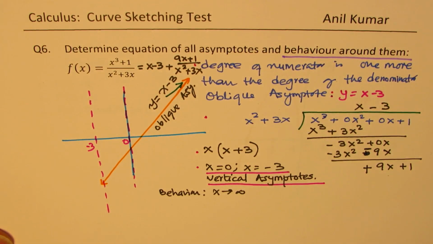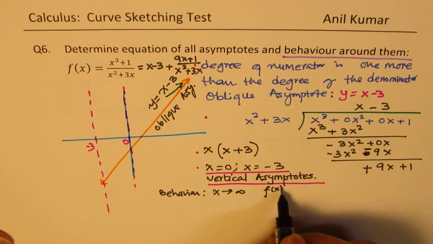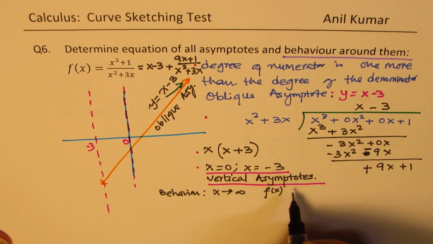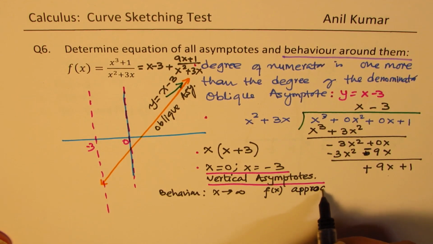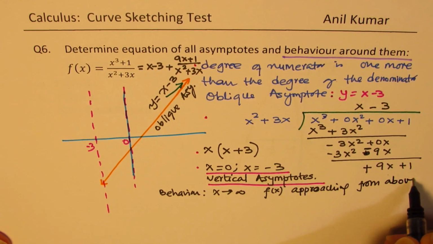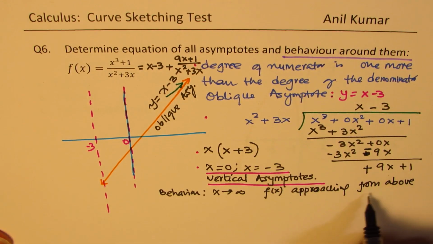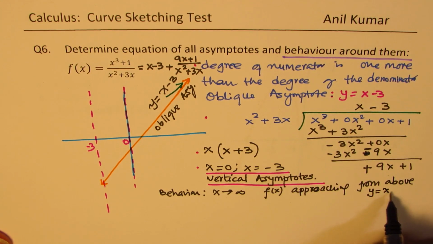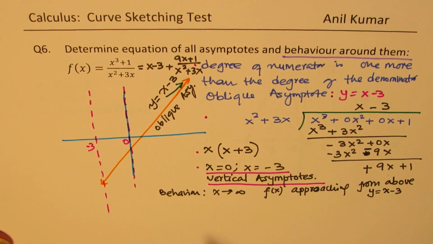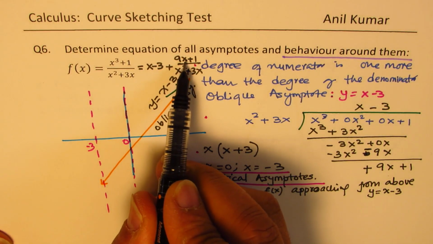Do you understand? So when x approaches infinity, the function f of x is approaching from above. Is that clear? Because it is more than x minus 3, y equals x minus 3. But when x is approaching negative infinity on this side, this term becomes negative.